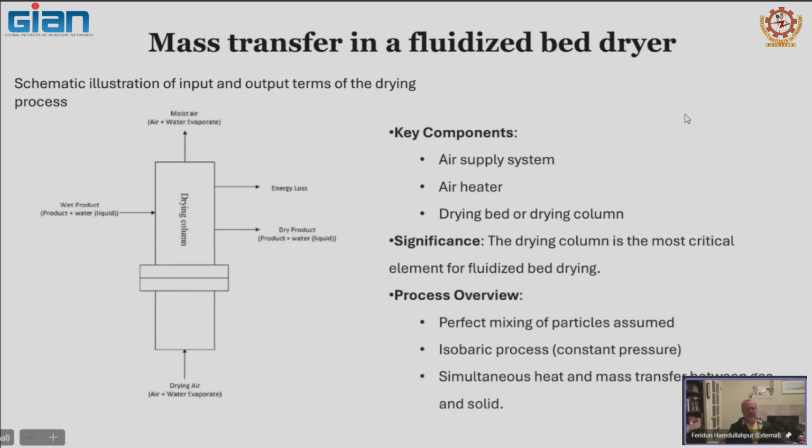And the mass transfer takes place in a similar fashion that, as I mentioned, you have to drive the moisture out here and then wait until you have the other part moved.